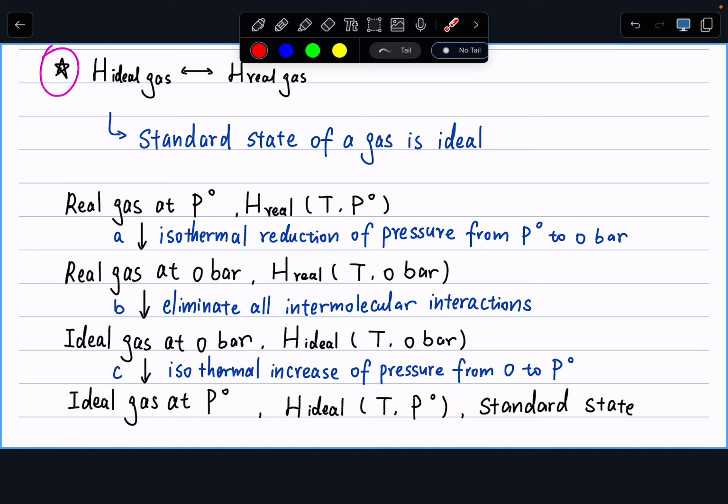So in here, what is my delta HA? What do we know here? For my first process, this is an isothermal pressure decrease to 0 bar. Do we have a way to solve for an isothermal pressure change?